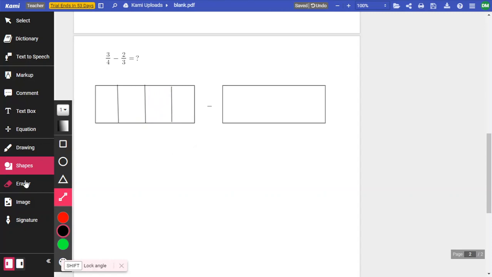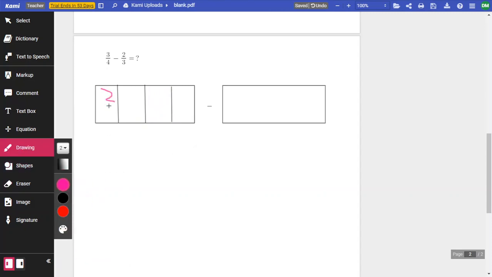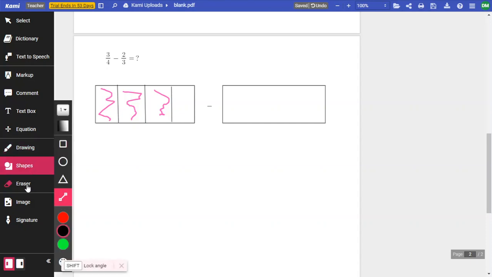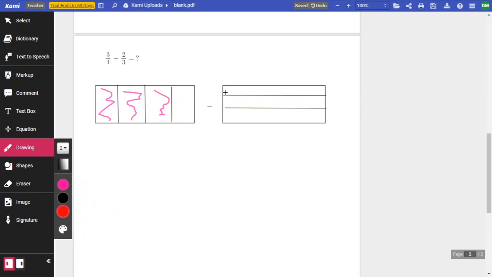So now I've got 4 boxes, and I want 3/4, so 3 of them are filled in. And then over here on this other box, I've got thirds, so let's do this one long ways. So now I've got 3 strips here, and I want to subtract 2 of them. So let's put this one in red. So we're going 1 and 2. So I want to take these 3 purples minus these 2 reds right here.